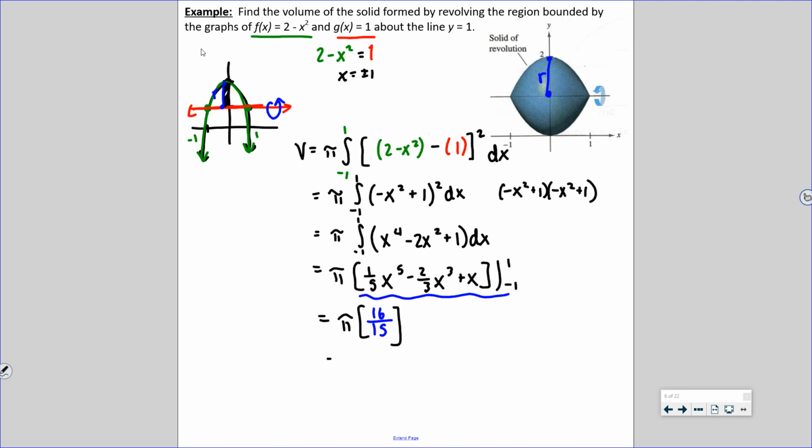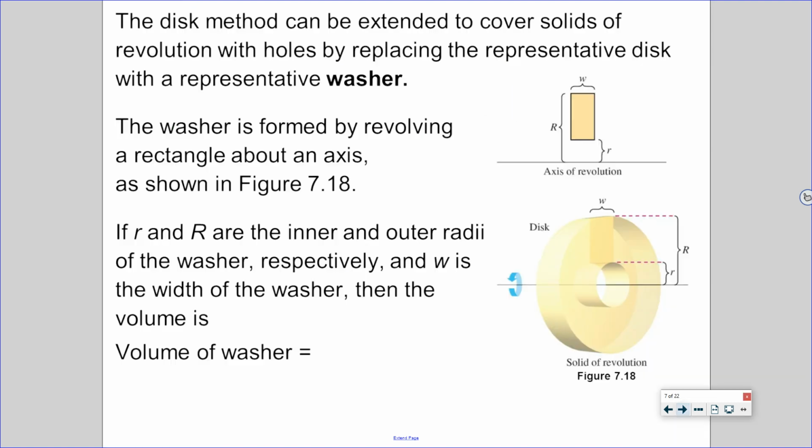And then factor in the pi, so you have 16 pi over 15. Is that the area? Obviously you can check this in your calculator and take 16 times pi divided by 15 and get that decimal.